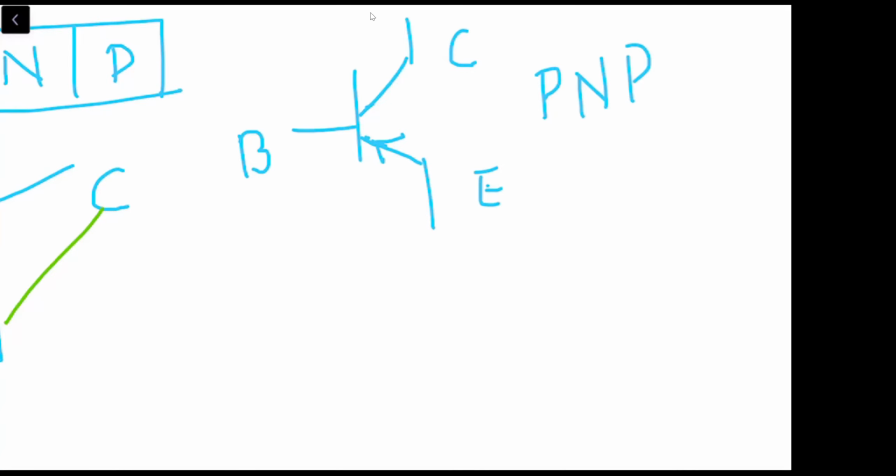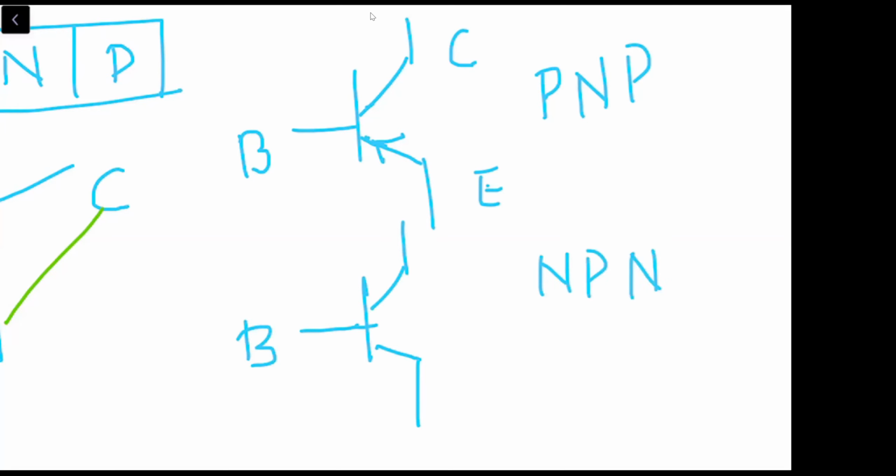If we say we have a transistor which is NPN, right? So this is the base, this is the collector, and this is the emitter, right? So this means that the emitter is N type.